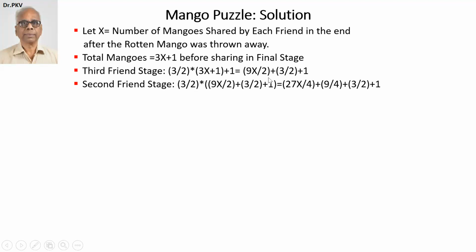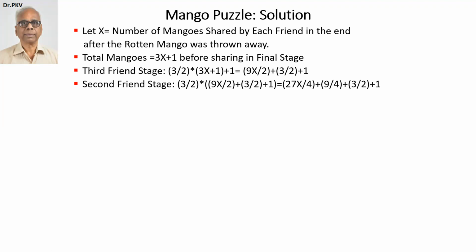So 3/2 into (9x/2 plus 3/2 plus 1) within brackets, when I multiply the entire expression by 3/2, you get 27x/4 plus 9/4 plus 3/2. This is what you get. Plus 1 I add because the second friend also ate one mango before stealing 1/3.